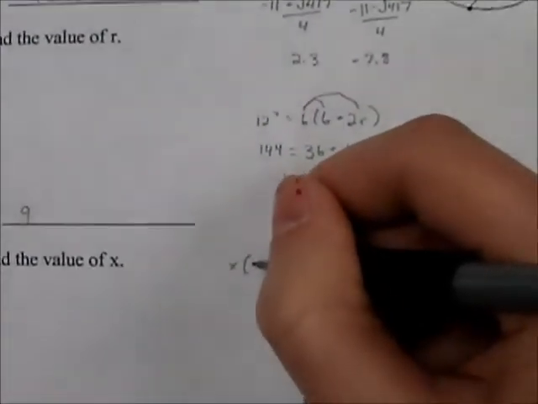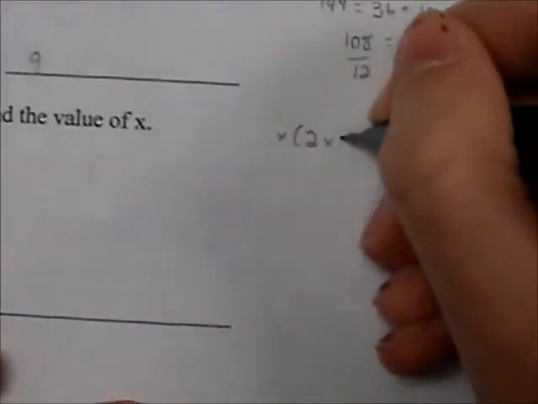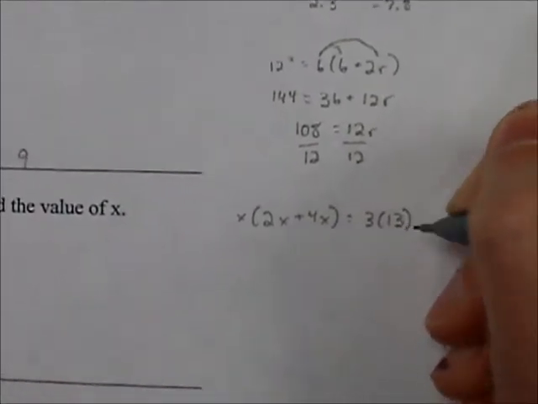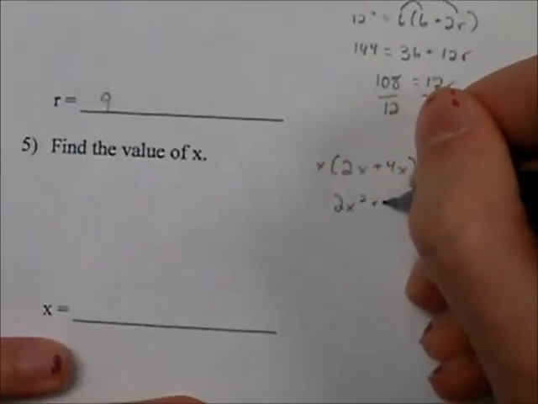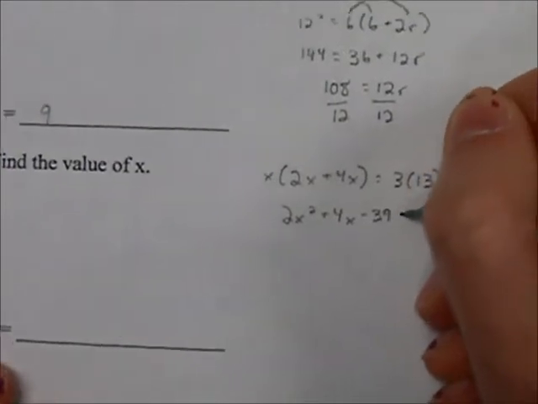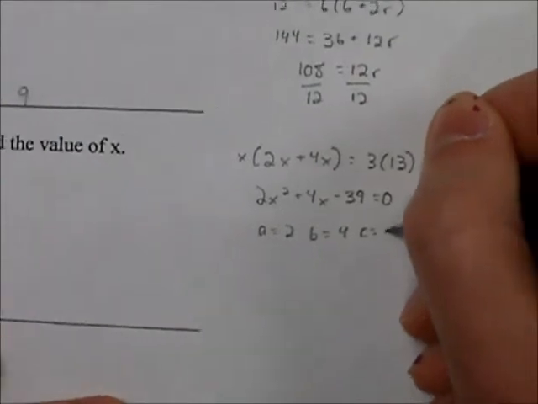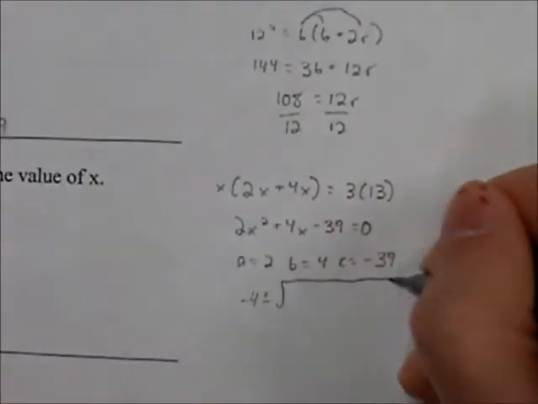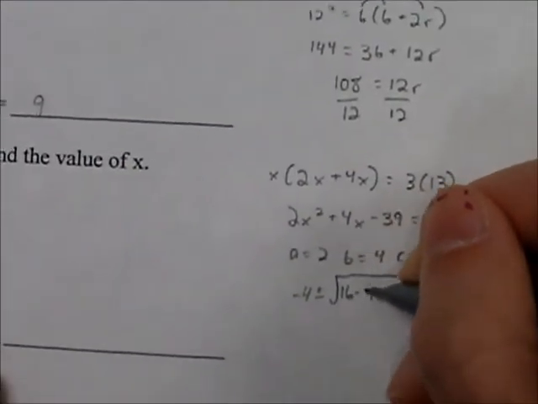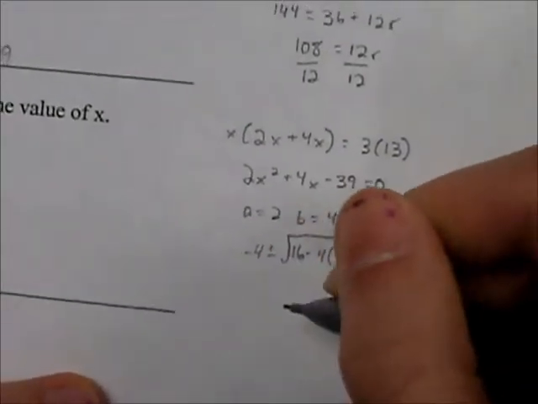For number 5, we're going to plug in everything to the equation. So we're going to have x times (2x plus 4x) equals 3 times 13. And then simplifying, 2x squared plus 4x minus 39 is equal to 0. We just set everything equal to 0 and FOILed everything in the same step. And then negative 4 plus or minus the square root of 16 minus 4 times 2 times negative 39, all over 2 times 2.